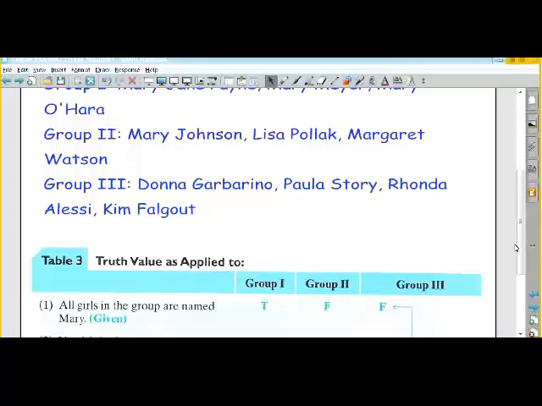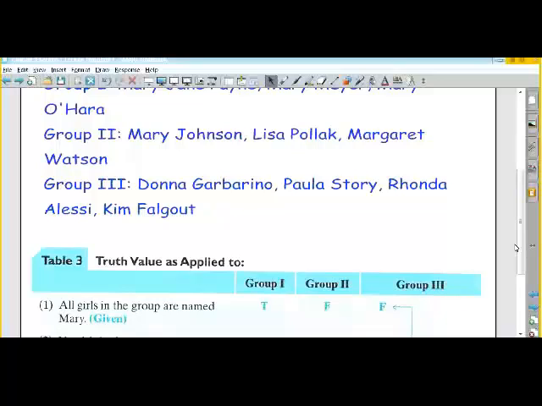You can't see them, but I told you that. So it is true. In group 1, all of the girls are named Mary. In group 2, not all of the girls are named Mary, therefore it's a false statement. And finally, the last group, where none of them are named Mary, this given statement is false.